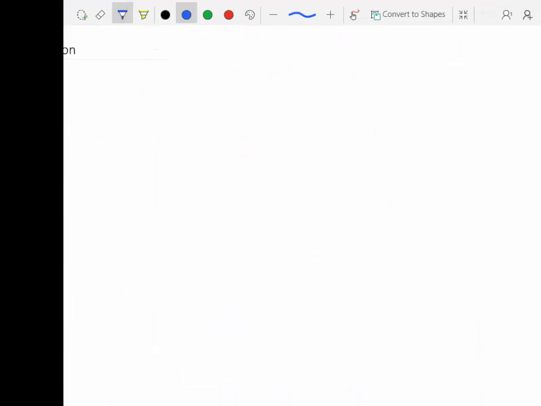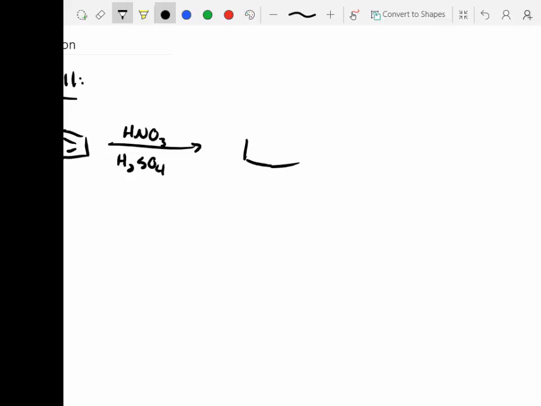The next reaction we're going to look at is nitration. Nitration's pretty similar. This time we take nitric acid and sulfuric acid. And if we do this, we can actually add a nitro group onto our benzene ring.